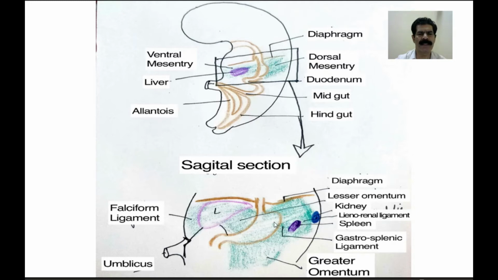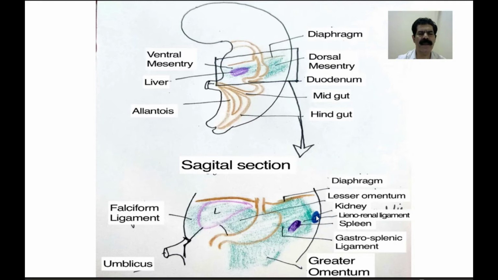Similarly, the stomach is also hanging by the dorsal mesentery, the dorsal mesogastrium, and in this develops the spleen. The part of the dorsal mesentery between the stomach and the diaphragm is called the gastrophrenic ligament, and the part of the dorsal mesentery between the stomach and the spleen is called the gastrosplenic ligament.